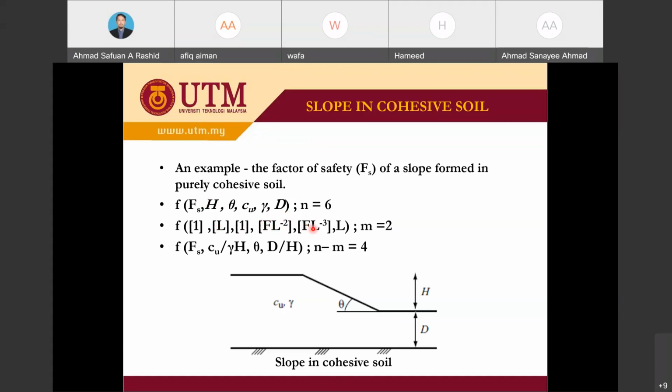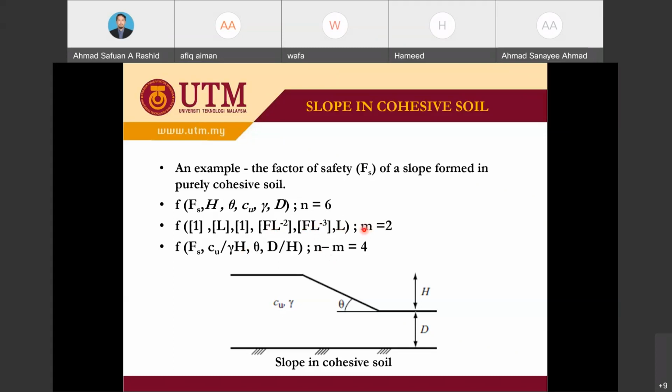L to the power of -3 has also been counted. L is the geometry, while F is the dynamic. The last one is L, which has also been considered. So at the end, we only have 2 primary dimensions.